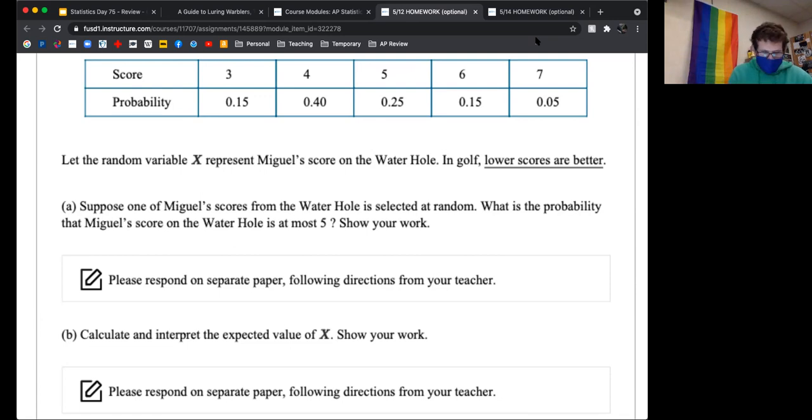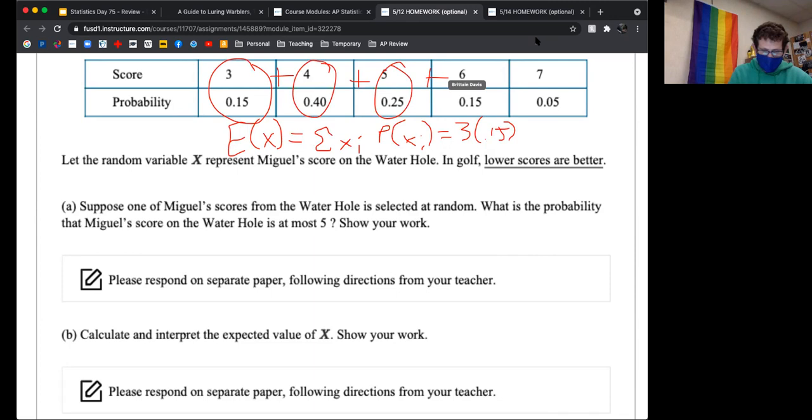So my expected value for X is going to be the sum of all of these X sub i times the probability of X sub i, which in our case is going to be 3 times 0.15, plus these two, plus these two, all the way across.